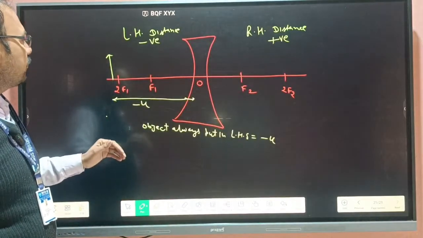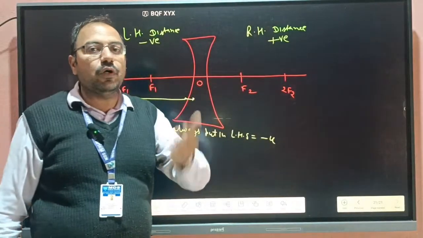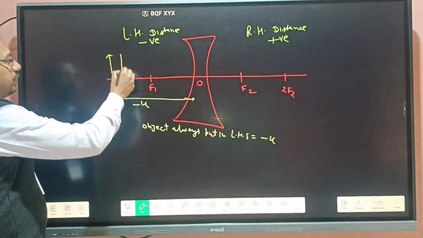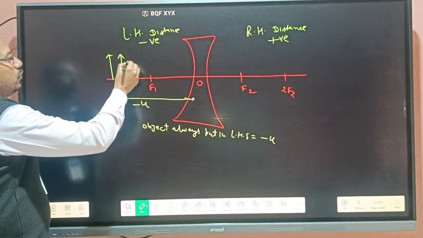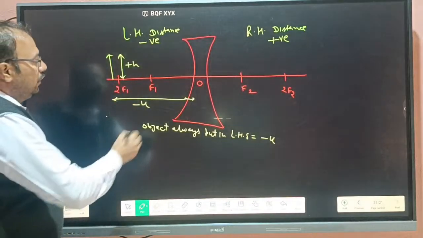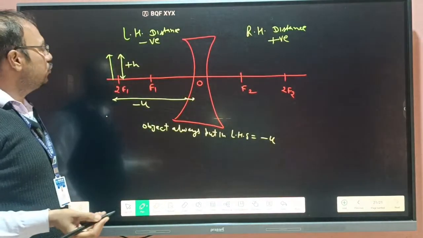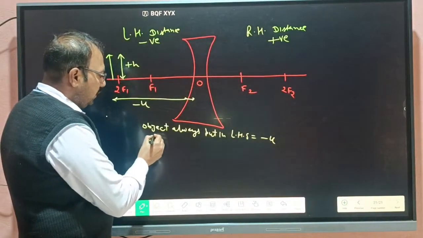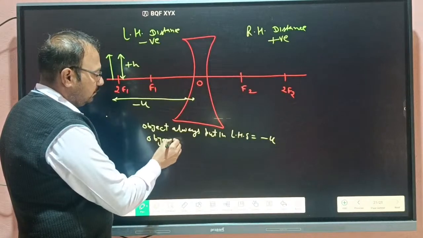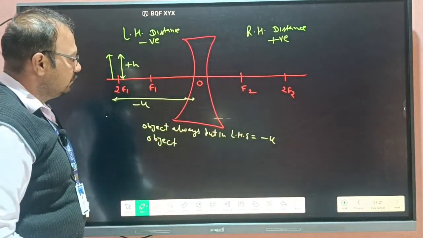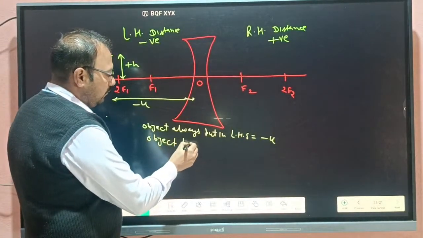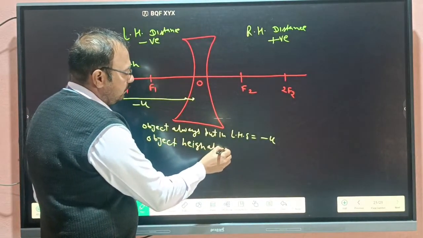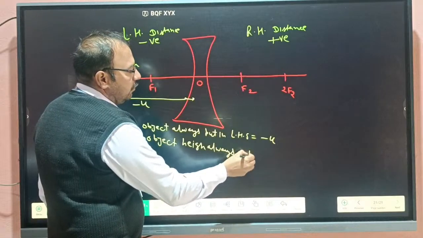And the second thing, if the object is above the principal axis, H is taken as positive. So this is H, and H is always positive because the object is always put above the principal axis. So object height is always positive.